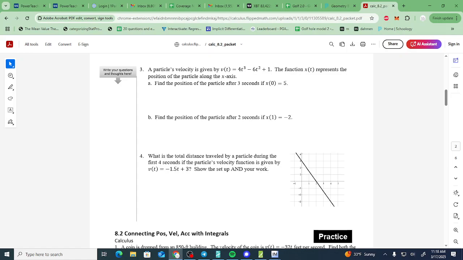So s of t is going to equal t to the 4th minus 2t to the 3rd plus t, and then plus c.